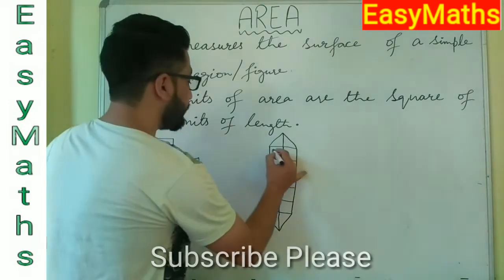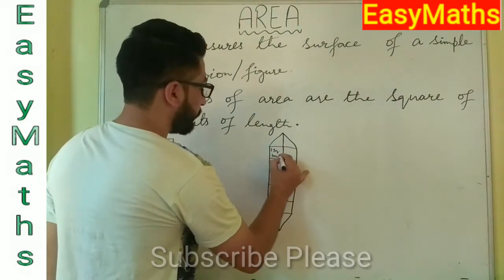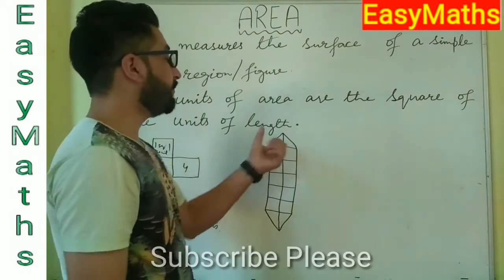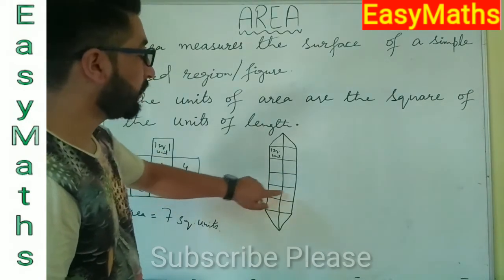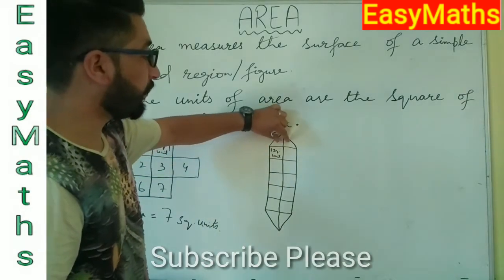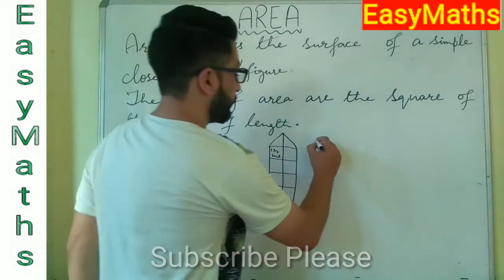Here each square is equal to 1 square unit, but we have to find the area of this figure now, which is irregular. In this figure there are 1, 2, 3, 4, 5 multiplied by 2, 10 full squares, and there are 1, 2, 3 and 4 half squares. How do we find the area of this figure?